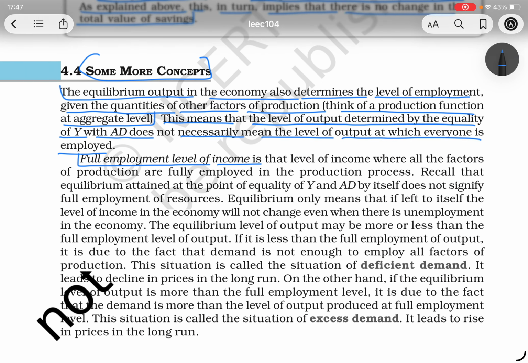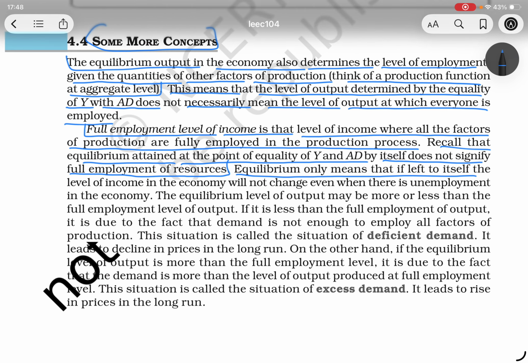Full employment level of income is that level of income where all the factors of production are fully employed in the production process. Recall that equilibrium attained at the point of equality of Y and AD by itself does not signify full employment of resources. Equilibrium only means that, if left to itself, the level of income in the economy will not change, even when there is unemployment in the economy.